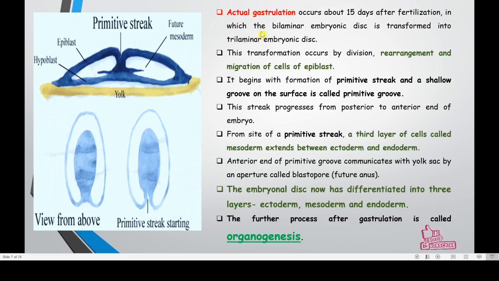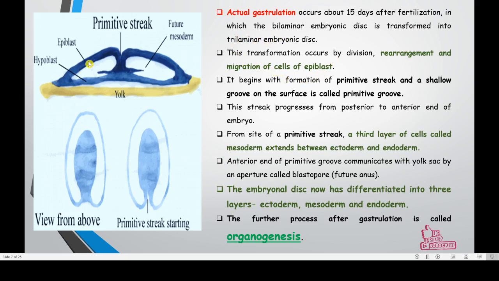So now how will this bilaminar embryonic disc convert into the trilaminar embryonic disc? This occurs by the division, rearrangement and migration of the cells of the epiblast. The epiblast will play an important role in the formation of the trilaminar embryonic disc, or formation of the third layer.